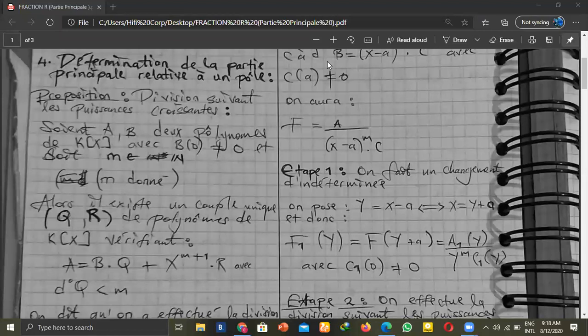The degree of A is less than the degree of B. And then what does it mean when the degree of A is less than the degree of B?